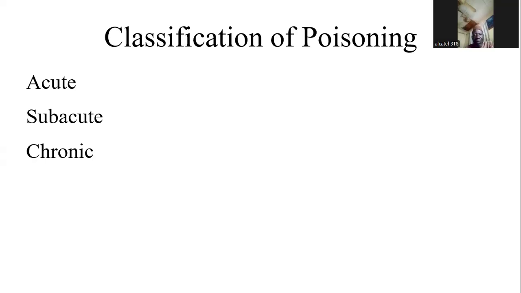We have acute poisoning, subacute poisoning, and chronic poisoning. Based on the explanation given earlier, acute poisoning is a type of poisoning where you have an exposure over a short period of time.